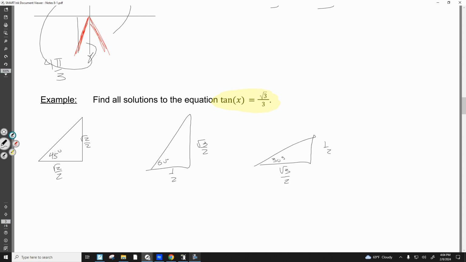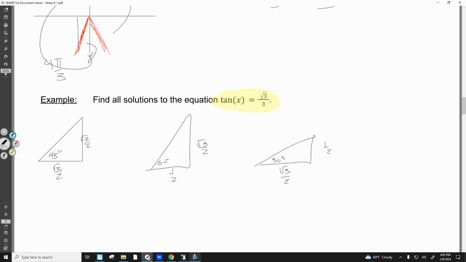Now, hopefully, you have done the division of these two fractions so often by now that you could do it in your head. If root 3 over 2 is divided by 1/2, that's root 3 over 2 times 2 over 1. The 2's cancel. The tangent of this is root 3.